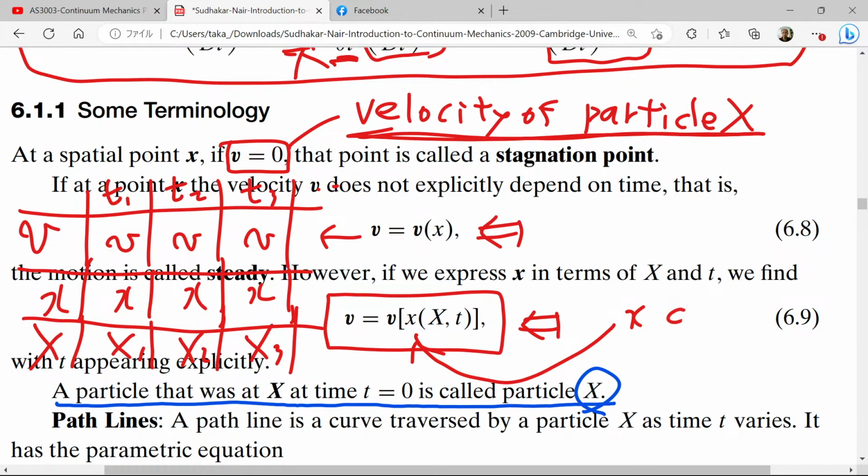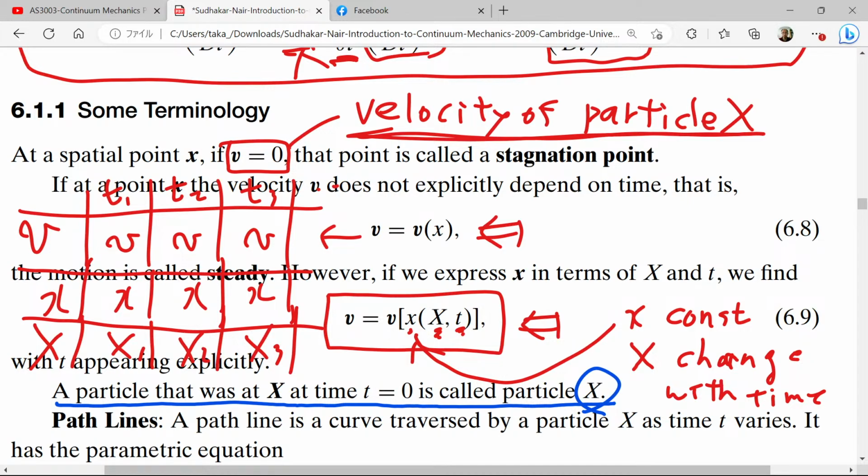X constant. But particle change with time. Yeah, this particle change with time in such a way that the spatial coordinate doesn't change.